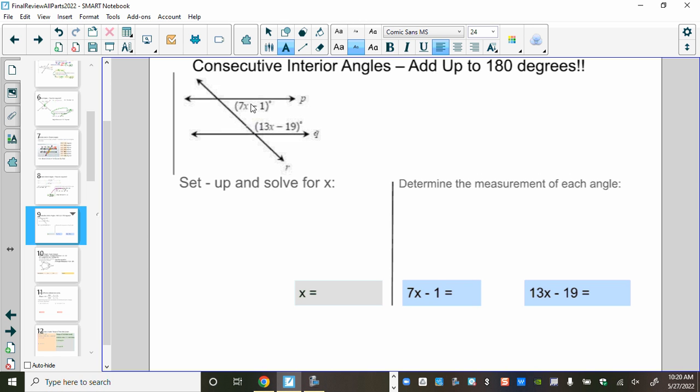Consecutive interiors. So then what's our setup?